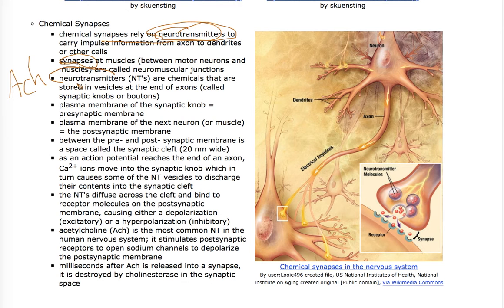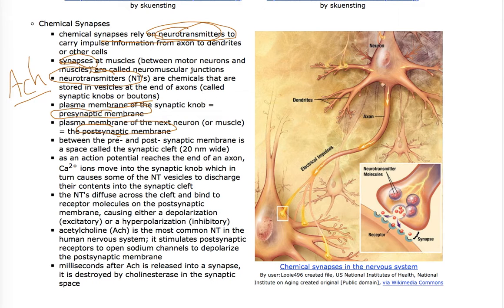So neurotransmitters are special chemicals, often acetylcholine, that are stored at the ends of axon terminals. The membrane on the axon terminal is called the presynaptic membrane. The membrane on the next neuron is called the postsynaptic membrane. The space between the presynaptic and the postsynaptic membrane is called the synapse.